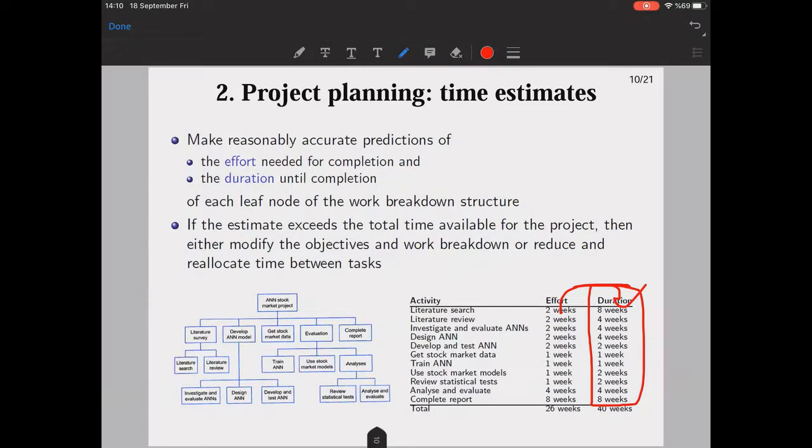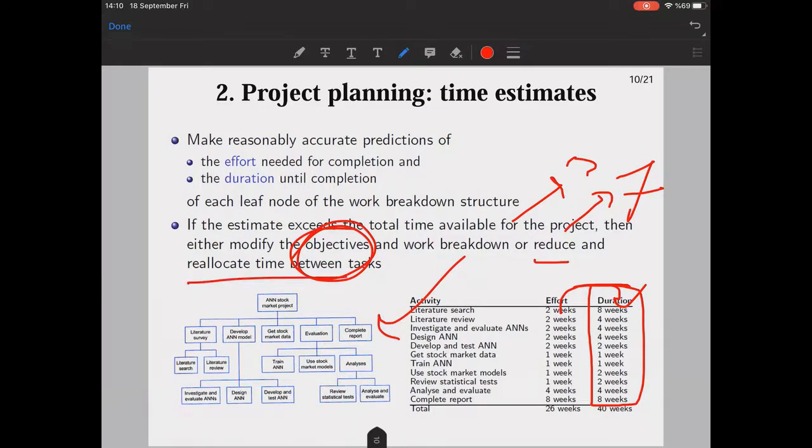If the estimates exceed the total time available for the project, for example, for masters your maximum is 3 years, and for PhD I guess your maximum is 7 years, then you should modify the objectives and work, reduce time and reallocate time between tasks.